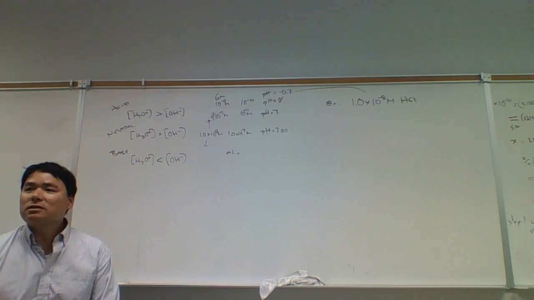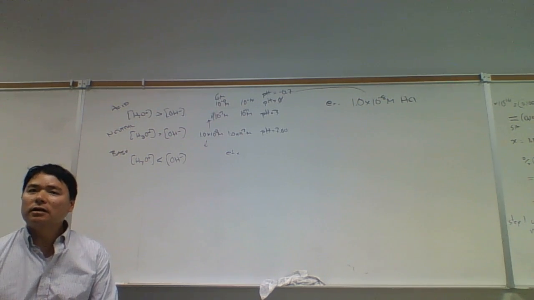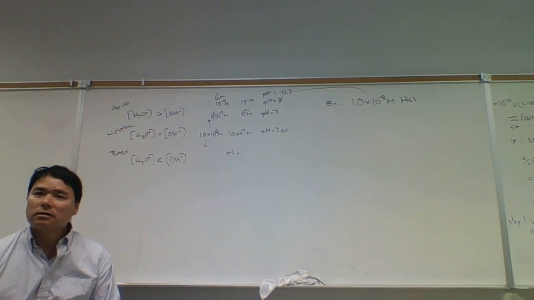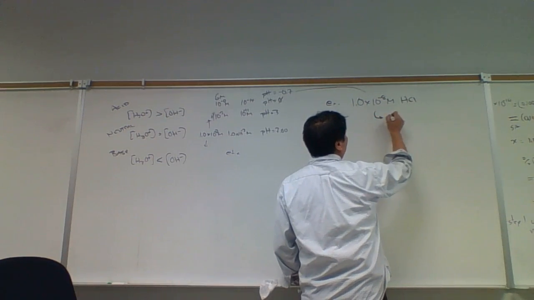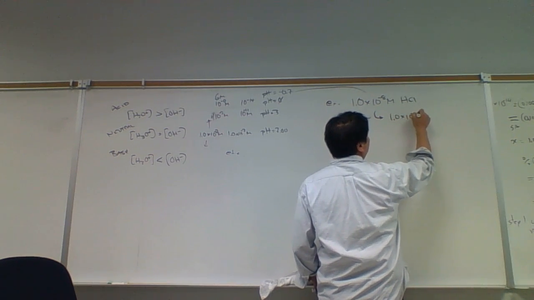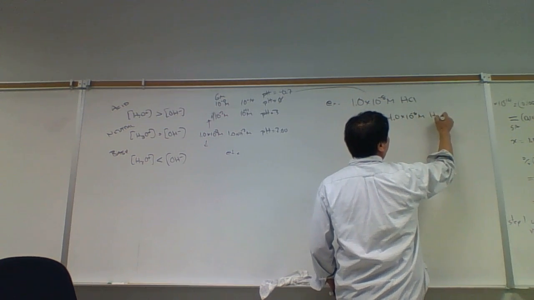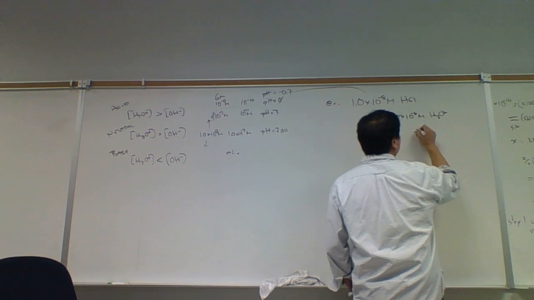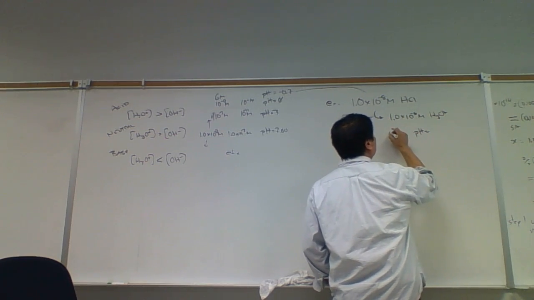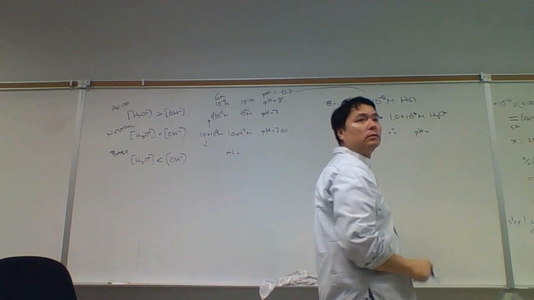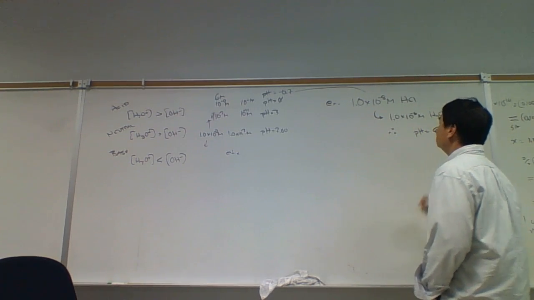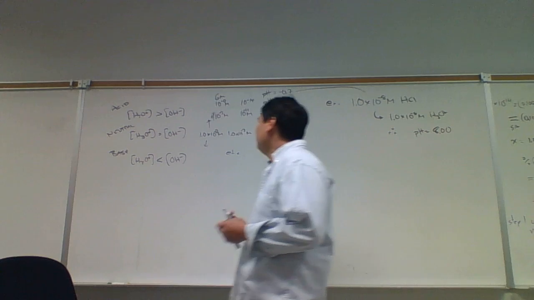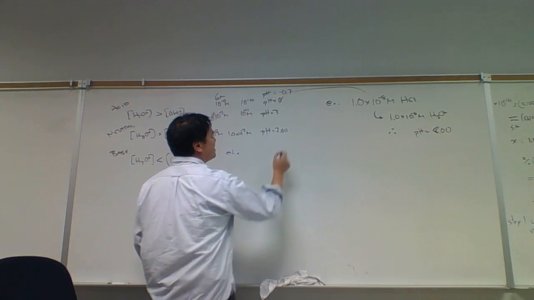What's the pH of this? Use a Chem 4 style calculation to determine the pH. You know what a lot of people will tell me? They'll tell me I'm going to get 1.0 times 10 to the minus 8 molar hydronium from this, and therefore the pH is equal to 8.00.